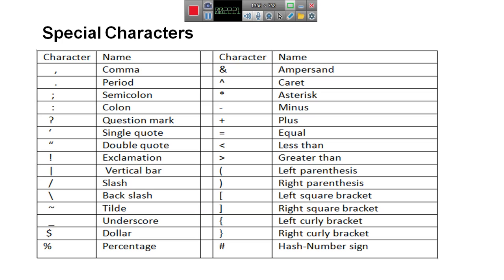underscore, dollar, percentage, ampersand, caret symbol, asterisk, minus, plus, equal, less than, greater than, left parenthesis, right parenthesis, left square bracket, right square bracket, left curly bracket, right curly bracket, hash symbol.